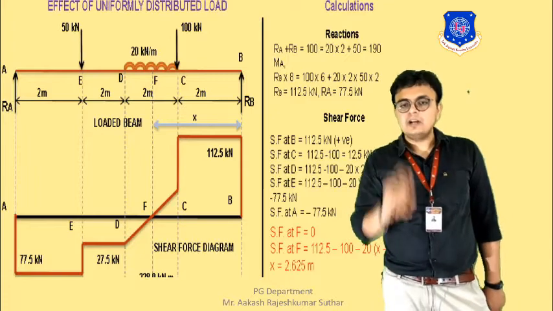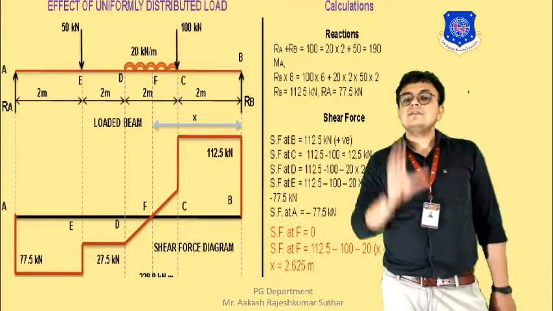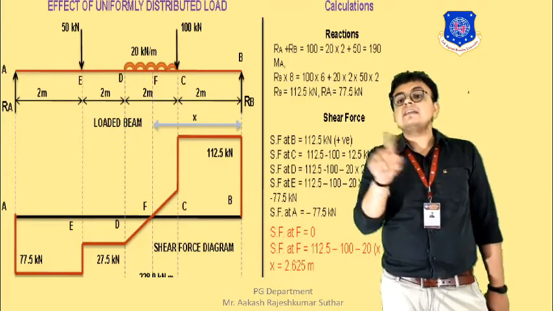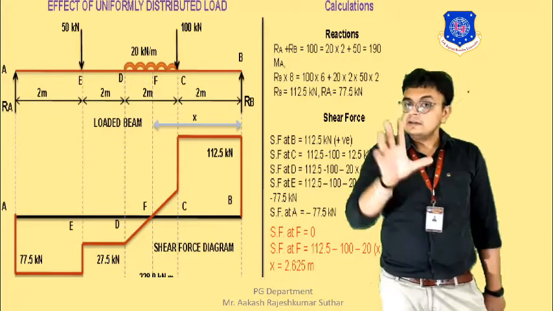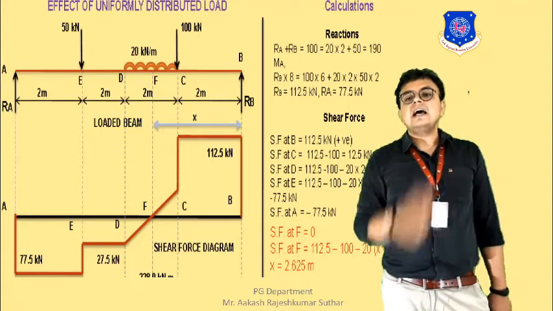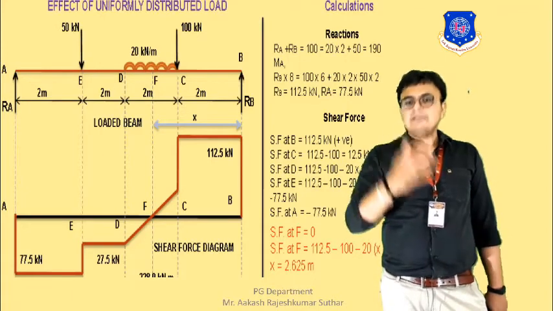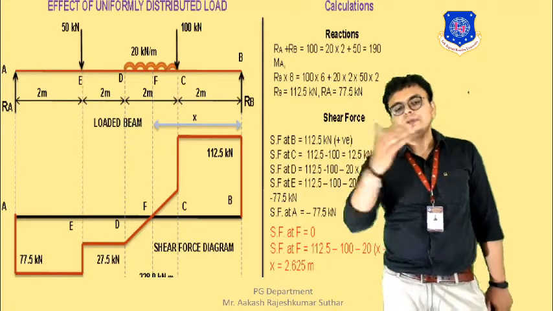So 12.5 minus 20 into 2, and ultimately we get a value of minus 27.5 kilonewton shear force at point D. The minus sign says that we are getting a negative shear force, so we have to move below the line.